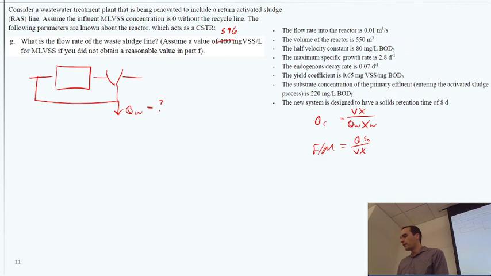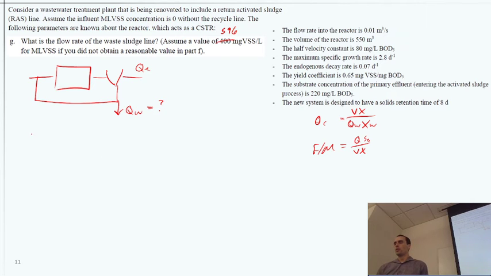And this really does control a lot of the system, as we'll see. So if we want to know what the QW is, well, our one equation that has that is theta C. We could also potentially look at, if we had some way of finding Q in the effluent, which we don't, and we know what is coming in, we could solve it that way as well.